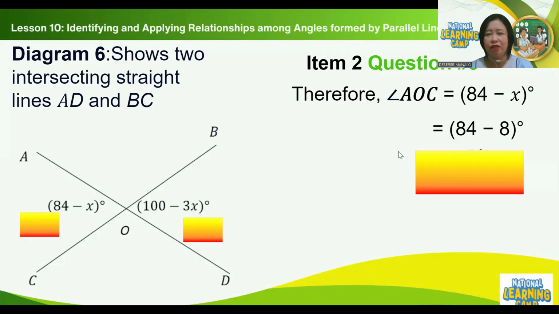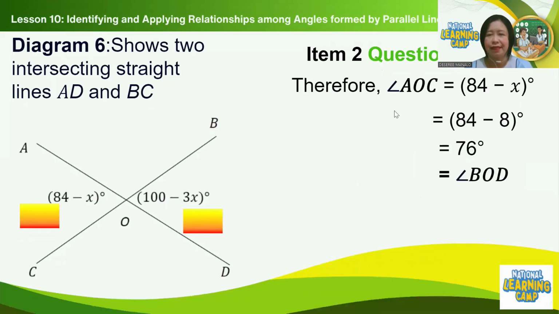Therefore, angle AOC is equivalent to the quantity of 84 minus x, where the value of x is equal to 8. So 84 minus 8 is equal to 76 degrees. So angle AOC is equal to 76 degrees. Since it is vertical with angle BOD, angle BOD is also 76 degrees.